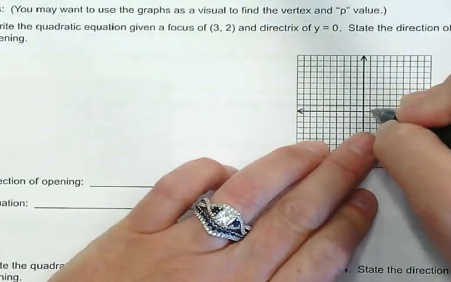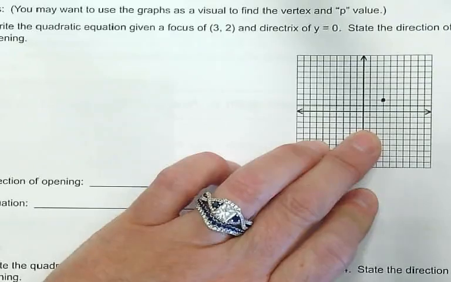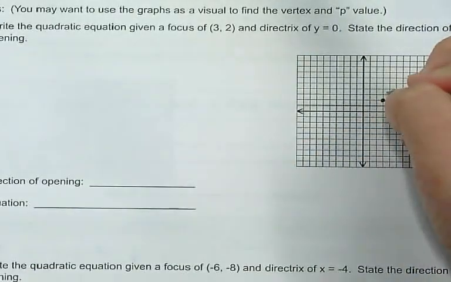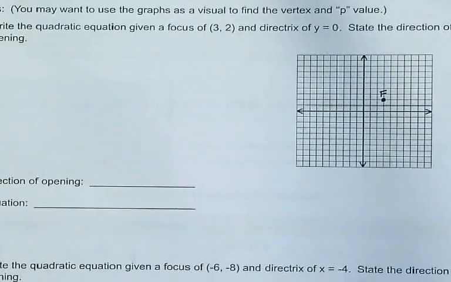So coming to my graph, I am going to graph this information. We have a focus of 3, 2. So I'm going to go over here, graph it, and label it F. Now I have a directrix of y is equal to 0.